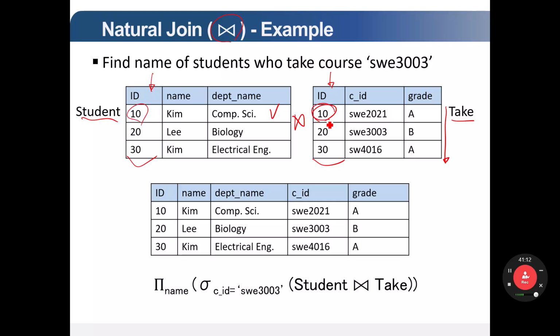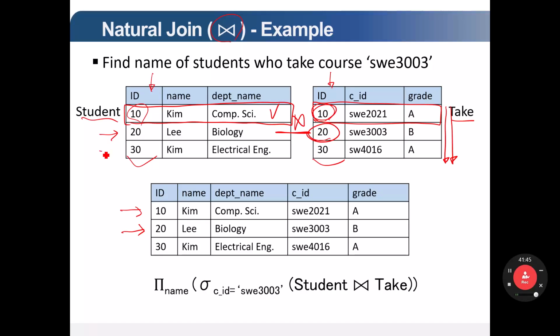Since 10 and 10 match, we concatenate this first tuple with the first tuple of takes and put it into this output table. Okay? And this is the only matching record in takes table. Then we move on to the second tuple of student table and scan takes table again, find the matching record, combine these two tuples and put it into the output table.